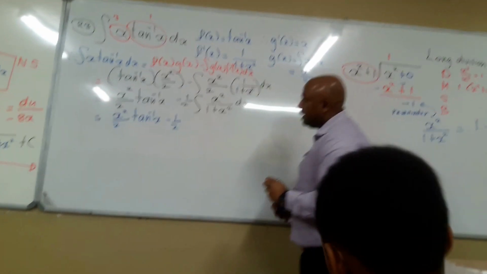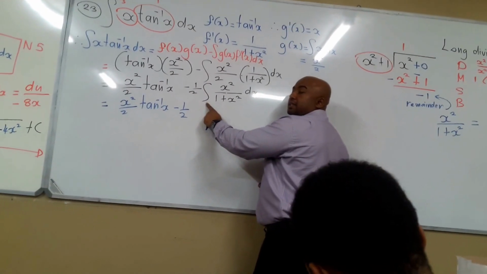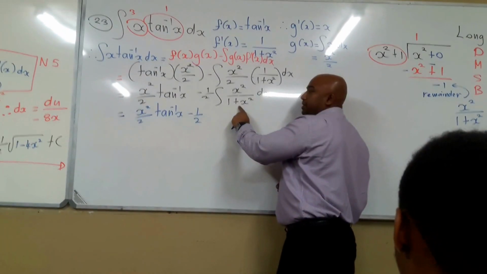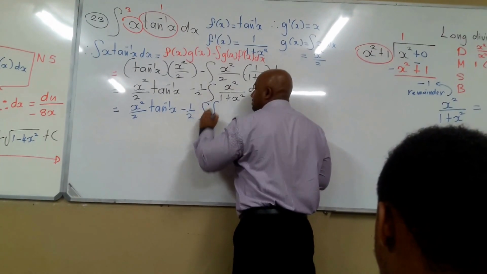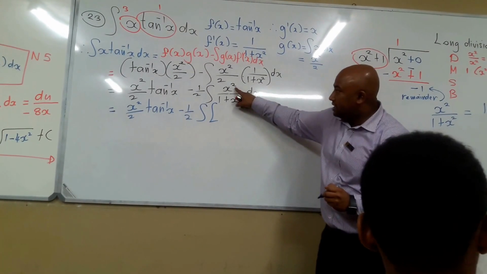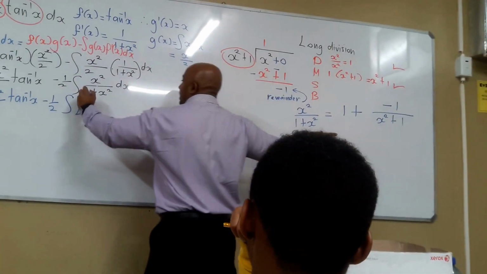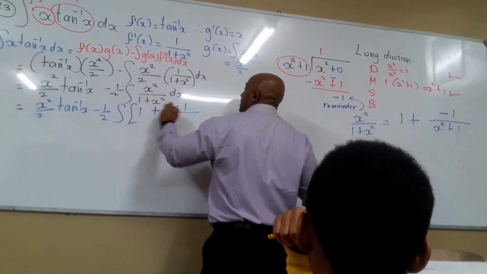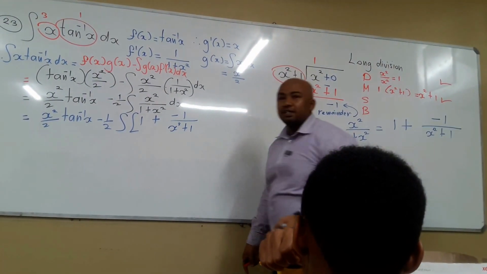So how are you going to write this out? This is minus 1 over 2 times the integral of x squared over 1 plus x squared. Now remember, we rewrote x squared over 1 plus x squared as 1 plus minus 1 over x squared plus 1, or 1 plus x squared.